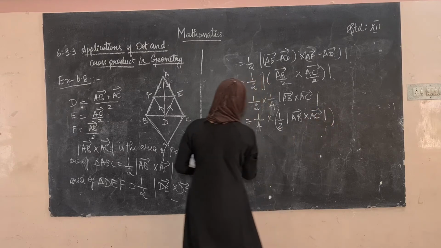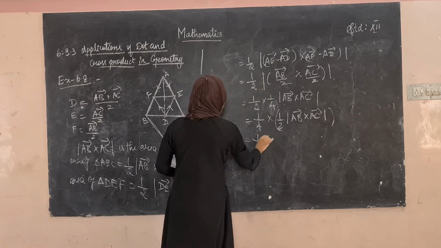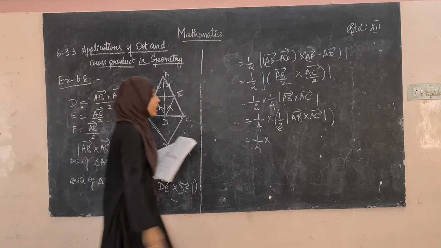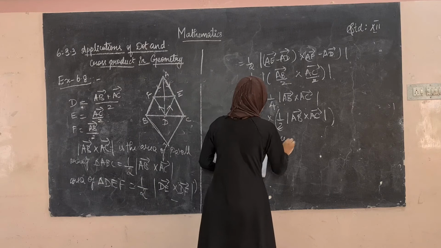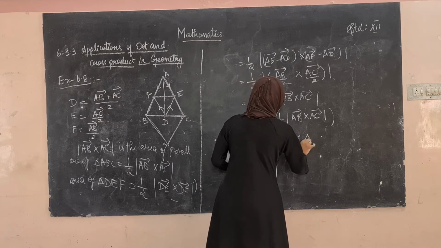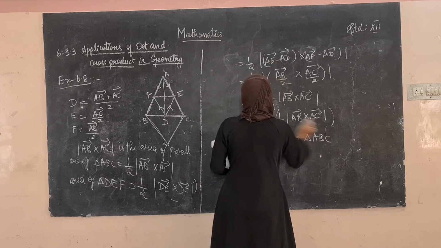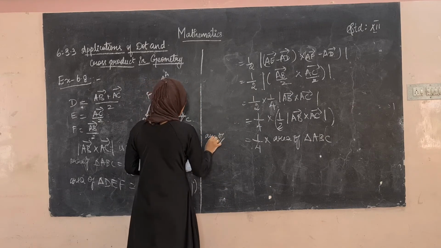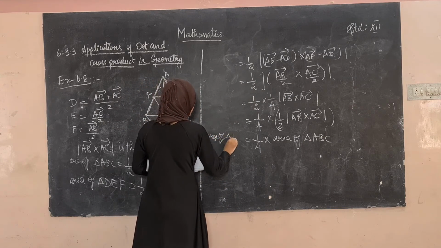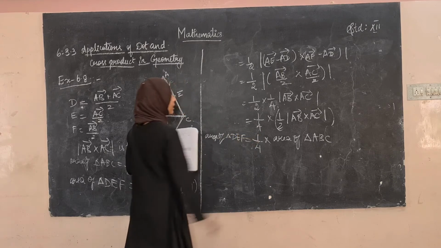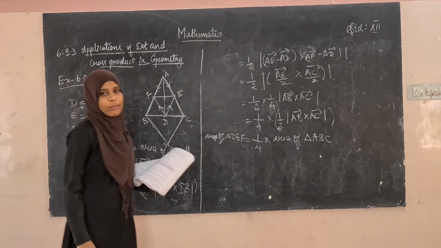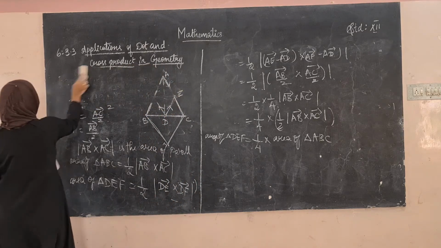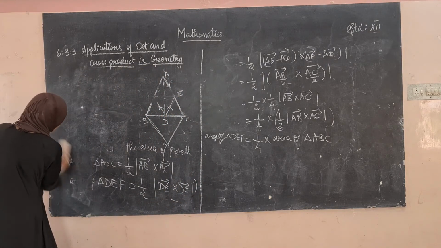This is the area of the triangle ABC. Therefore area of triangle DEF is equal to 1 by 4 of area of triangle ABC. Okay. Now let us see example 6.9.